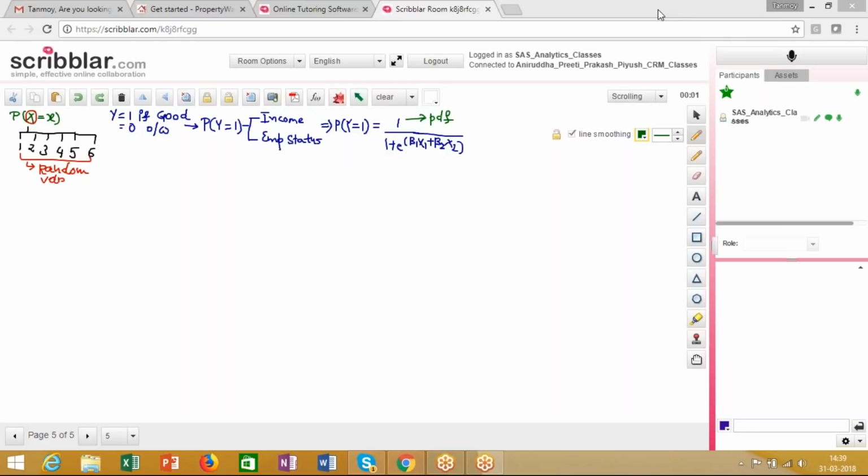Now, let us look into another example, which is an extension of this. In the first example, I stated that a borrower comes up and asks for a loan, and I'm estimating the probability. The inputs going in are created so that they are continuous inputs, and from there we are trying to estimate the probability.